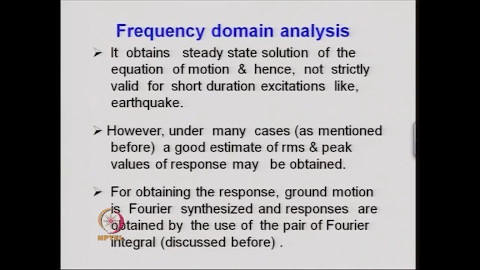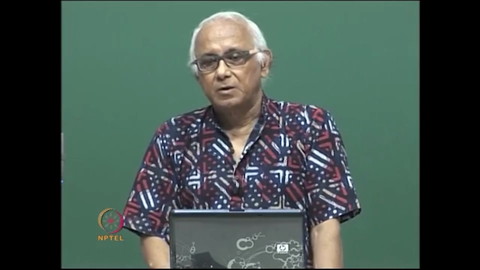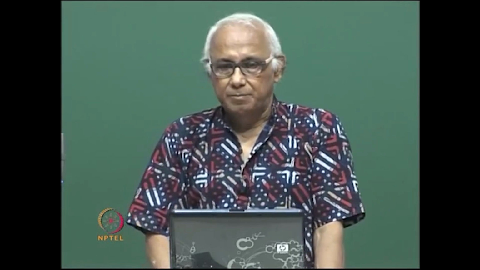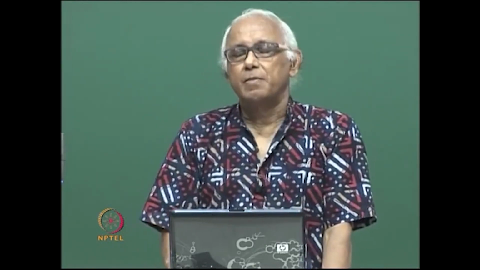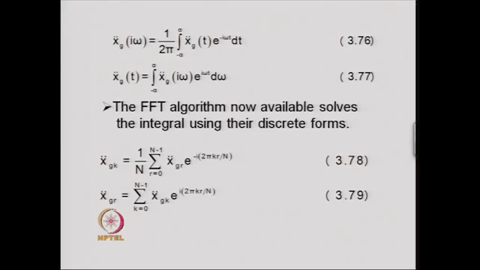Then this frequency domain analysis may reasonably provide a good estimate of the RMS and peak responses. So, we will generally use the frequency domain analysis for such condition, and in most of the practical cases we find that the structure's period is smaller compared to the predominant period of excitation.